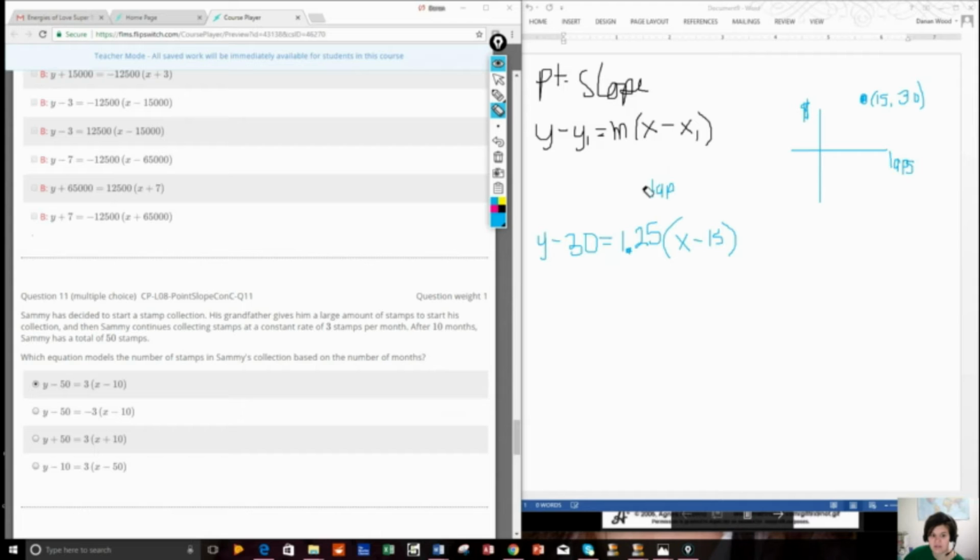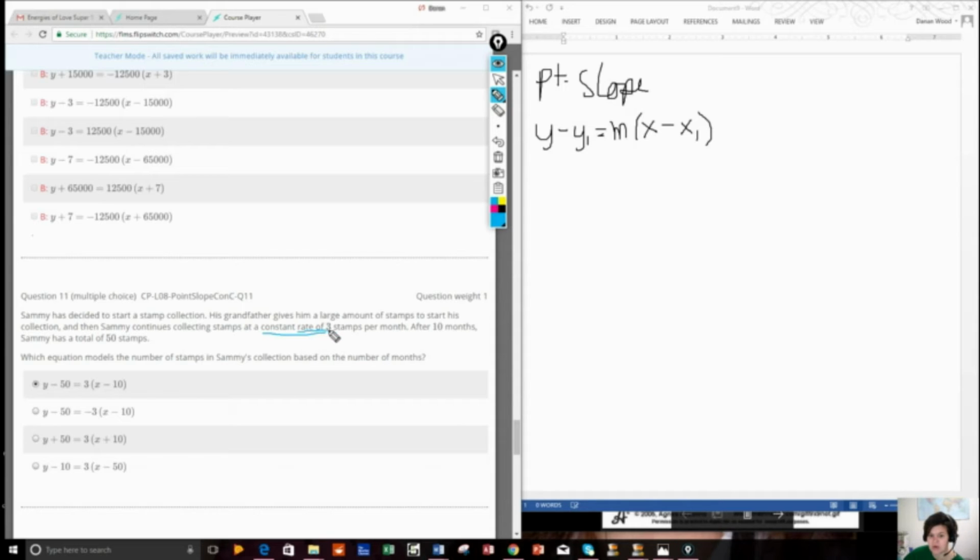Sammy has decided to start a stamp collection. His grandfather gives him a large amount of stamps to start his collection, and then Sammy continues collecting stamps at a constant rate. That is a big key indicator; constant rate is your slope. It even says rate.